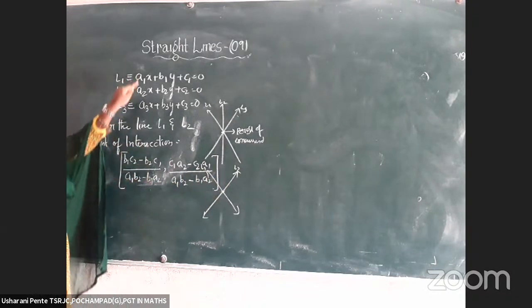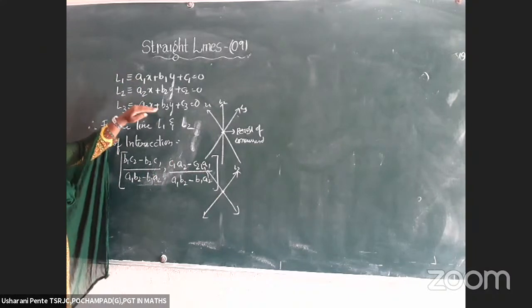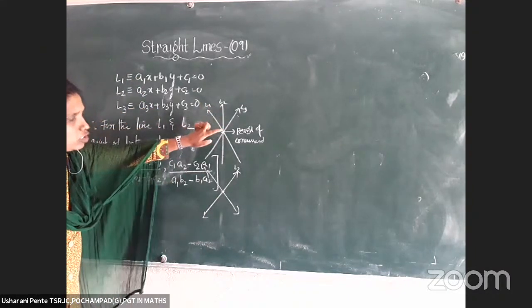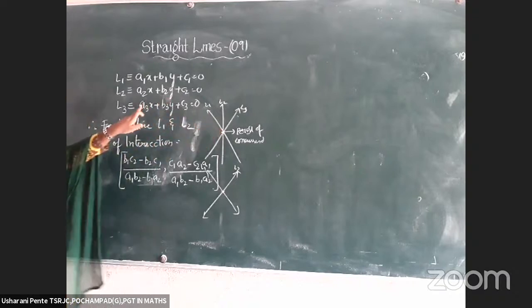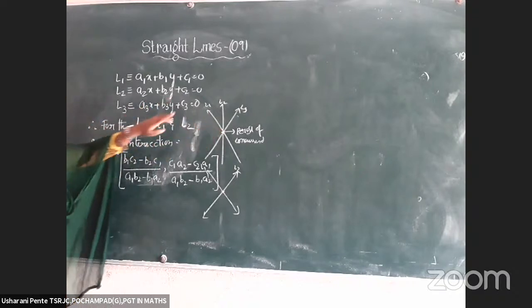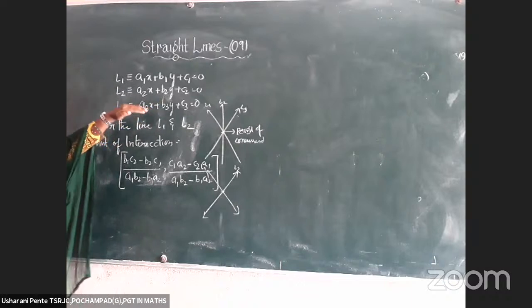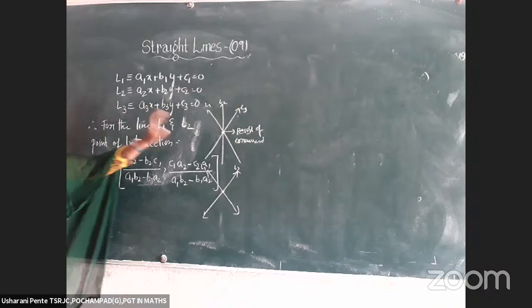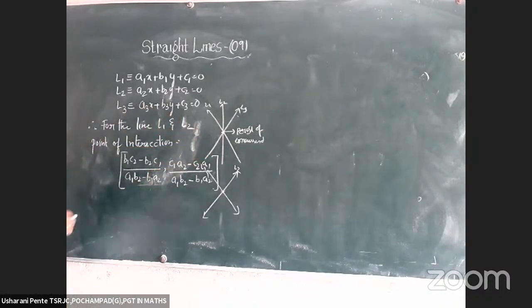But here they are asking for the point of intersection of three lines. As we know, this third line is also passing through this point, so I am substituting this point in the equation of line 3.